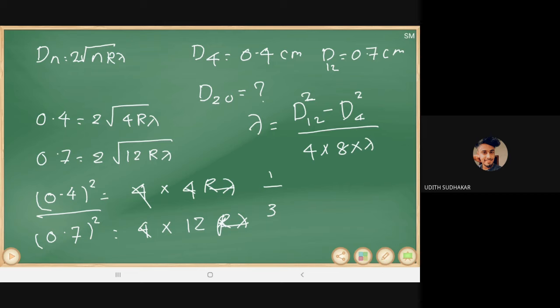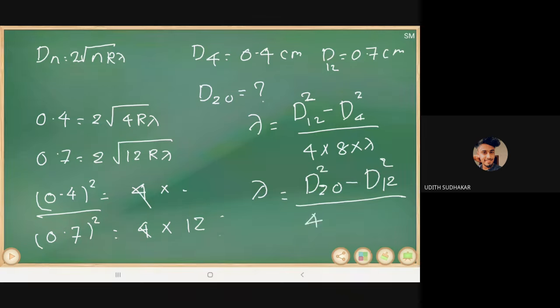With the other two, you can write lambda is equal to D20 squared minus D12 squared divided by 4 into 8 into lambda. Then you can equate them: D12 squared minus D4 squared will become equal to D20 squared minus D12 squared.